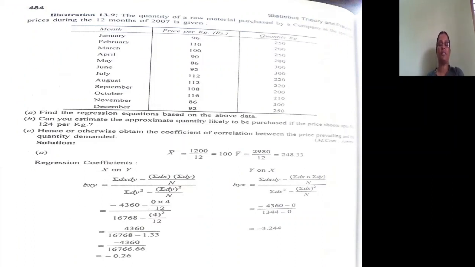Move towards the previous sheet, where it is given that bxy is equal to summation dx dy minus summation dx into summation dy divided by n, whole divided by summation dy square minus summation dy whole square divided by n. In the same way the byx formula is put. What is required we have already calculated.